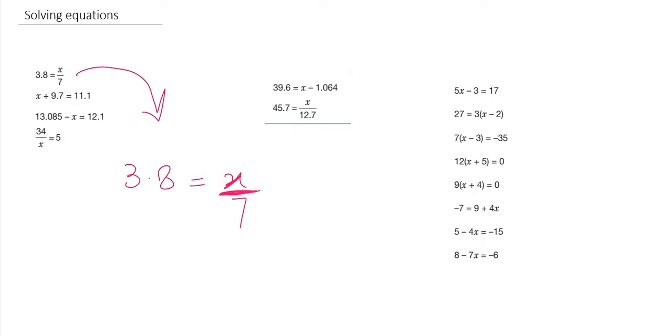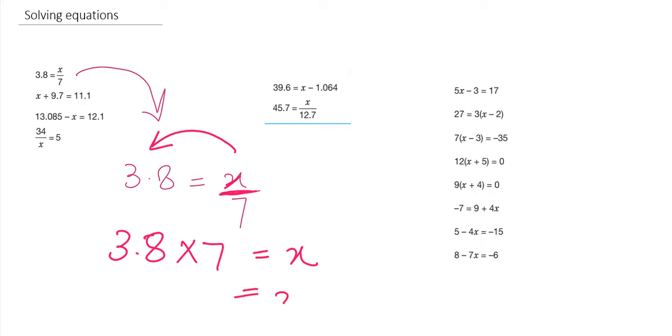The operation will change. If there is division over here, on the other side that will be multiplication, like in this way, and by multiplying these terms, you will get the value of x.